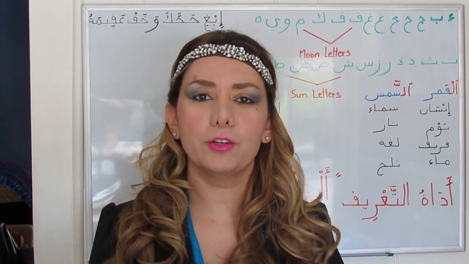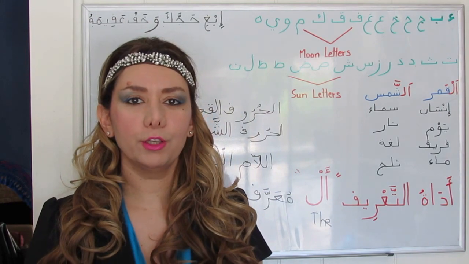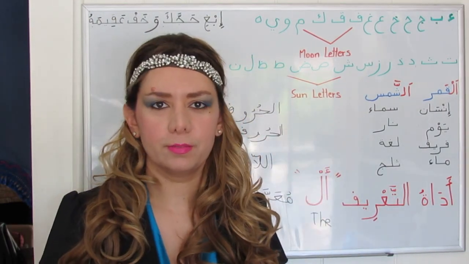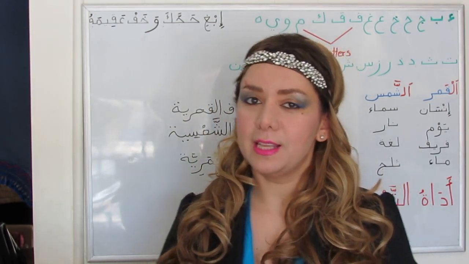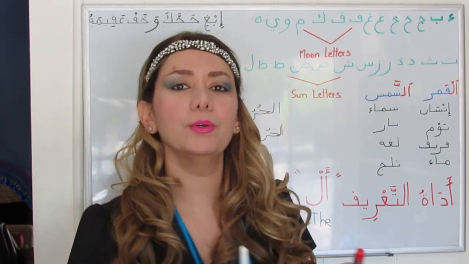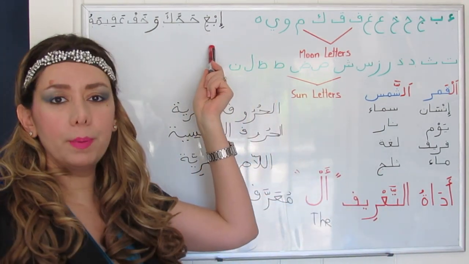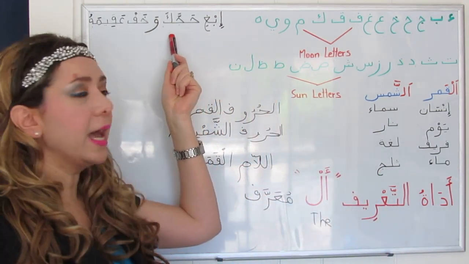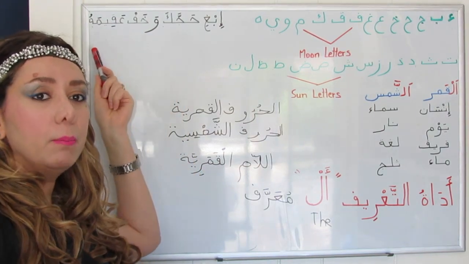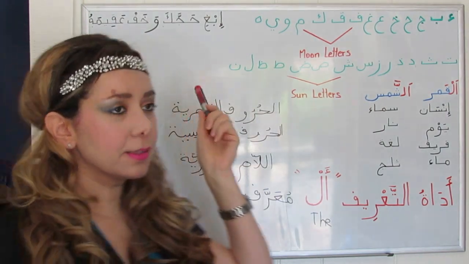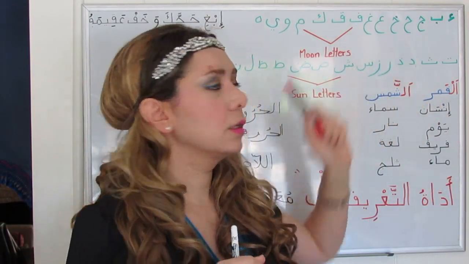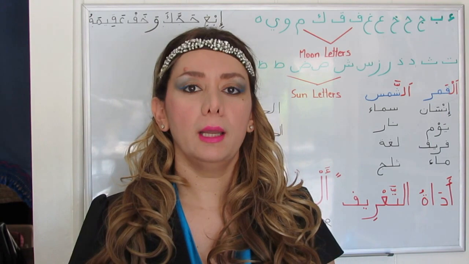So now you are asking yourself, how am I going to memorize all these letters? There is a sentence that would simplify this task for you. ابغي حجك وخف عقيمه. This little sentence contains all these 14 moon letters.